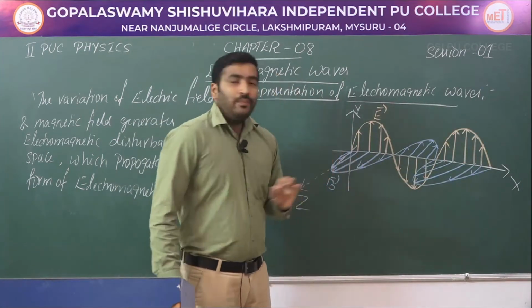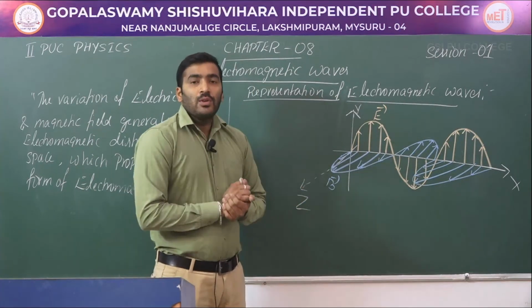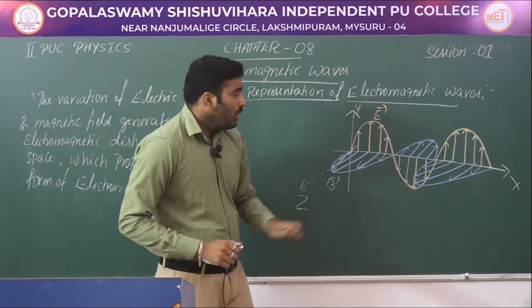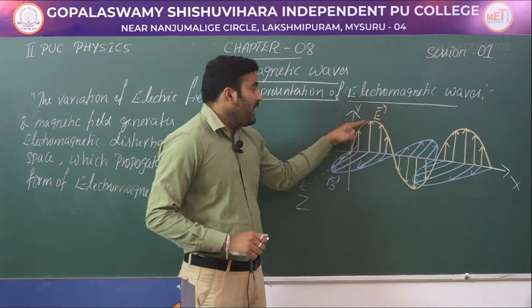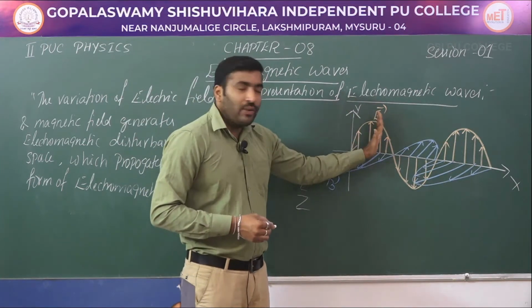So look at this diagram. This is the representation of a plane electromagnetic wave. So how do we write the plane electromagnetic waves here? See here. This is an electric field vector which is a sine wave. So you have to look at this electric field vector.